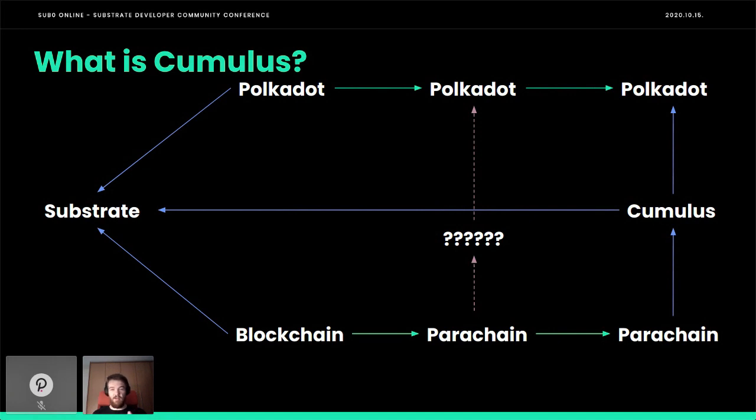And then you can start being a Parachain. Then you can go to the relay chain, get a slot, and live a life as a happy Parachain.